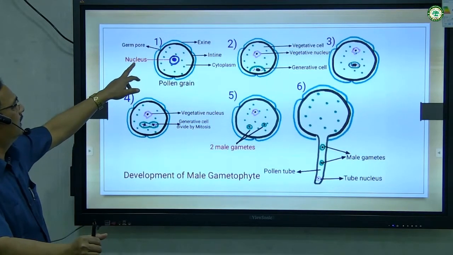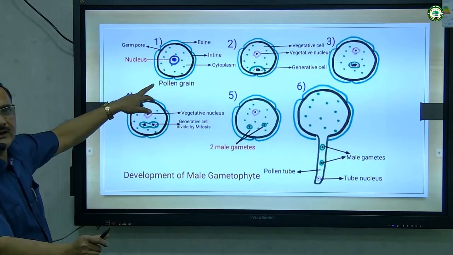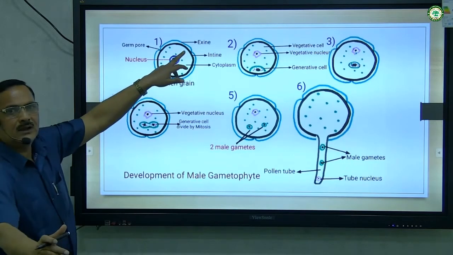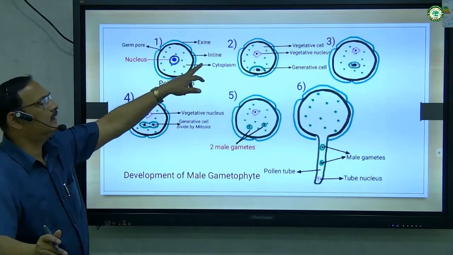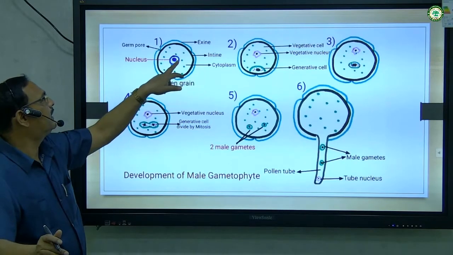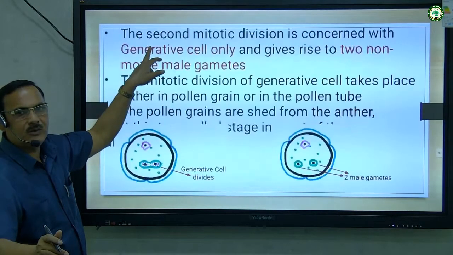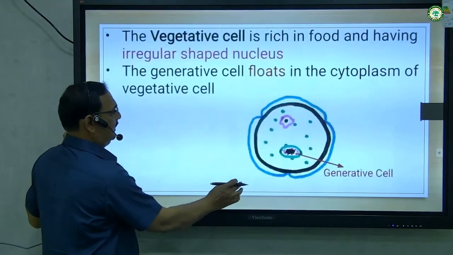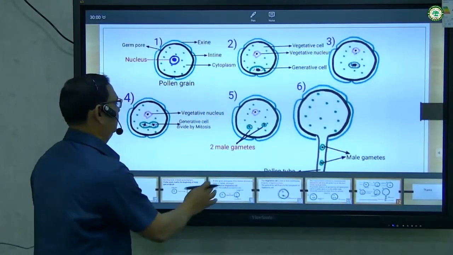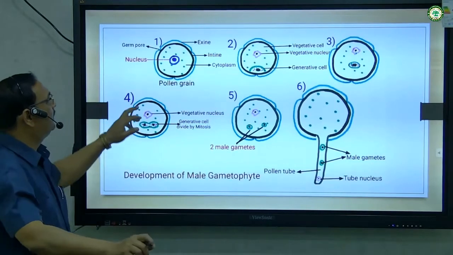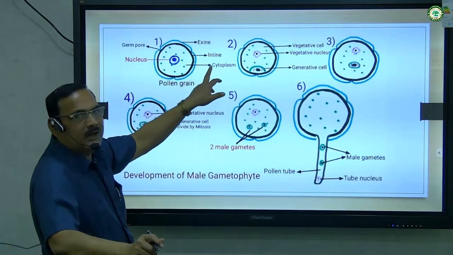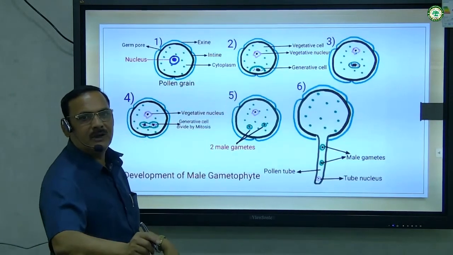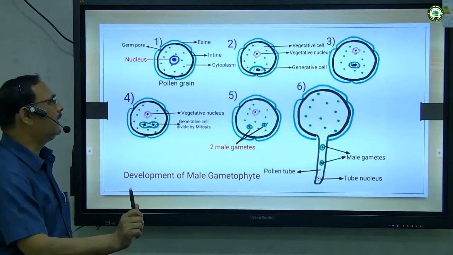The first figure indicates the pollen grain showing all the parts called the exine, then intine, cytoplasm, nucleus and germ pore. So these are the different developmental stages of the male gametophyte.